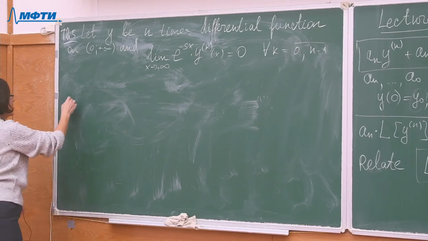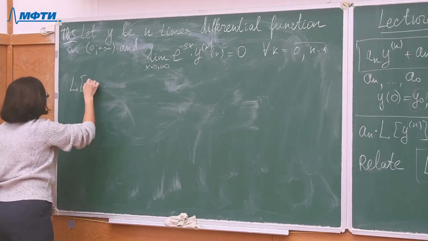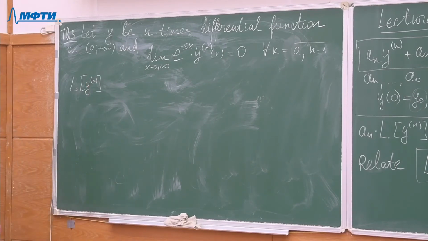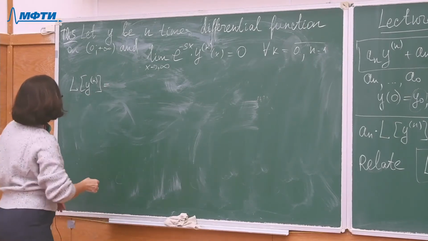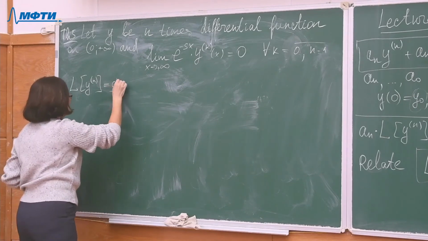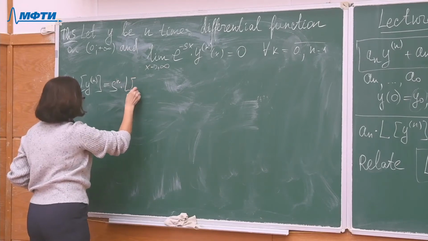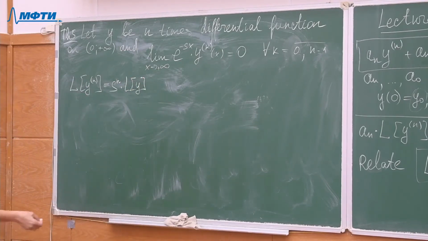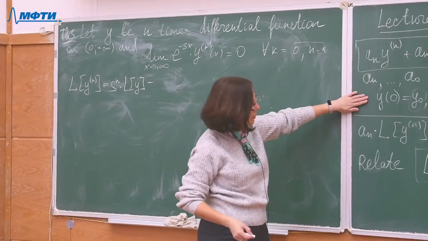In that case, we claim that L of the nth derivative of y is equal to s to the power n times L of y, minus something. And now we will need these initial conditions.